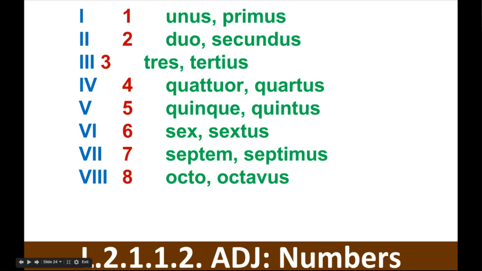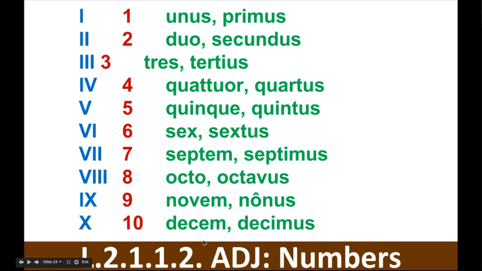Now, if you remember your Sesame Street, 1, 2, 3, 4, 5, 6, 7, we see the Latin: unus, duo, tres, quattuor, quinque, sex, septem, octo is an octagon, novem is in November, decem is in December. Kind of makes you wonder how many months the original calendar had in it.